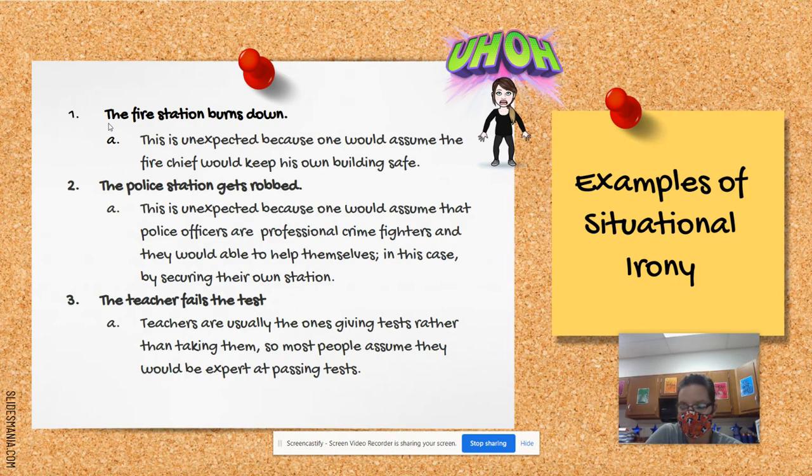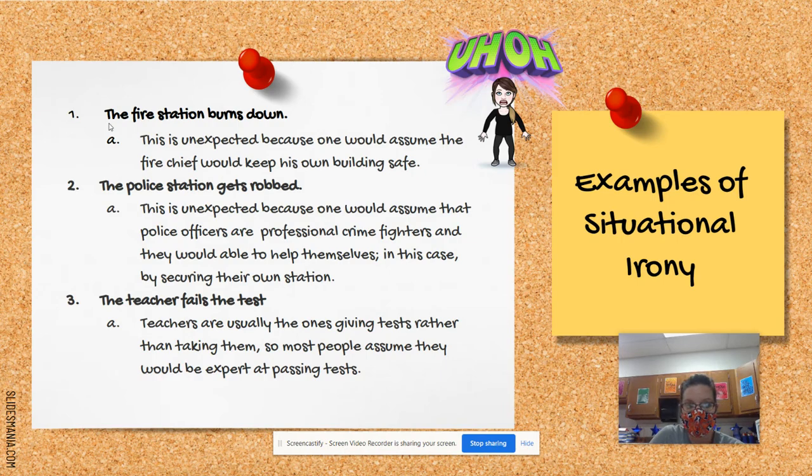This is situational irony because it is completely unexpected. One would assume that the fire chief and the firemen or women would keep their building safe and know how to fight a fire or prevent one from starting in the first place.